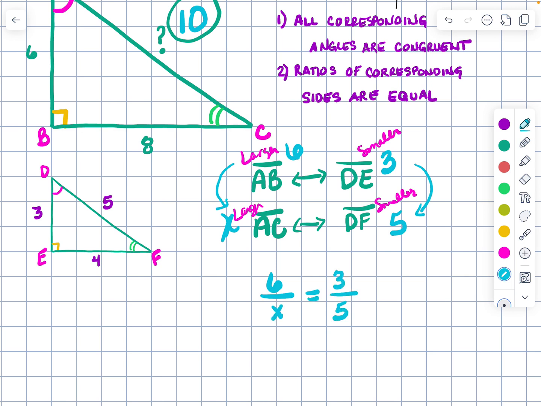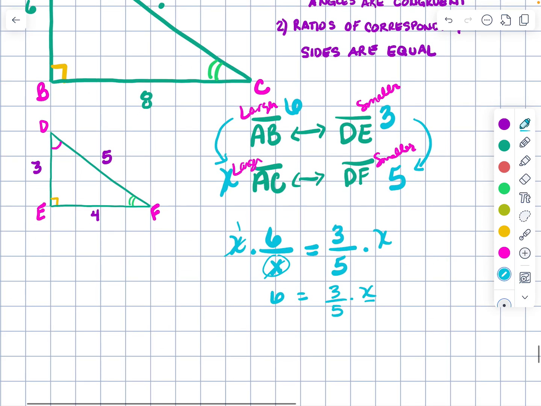Okay? To solve for x, I need to get this in the numerator. So I'm going to multiply both sides by x. And I get x goes into x one time. So I'm left with 6 is equal to 3 over 5 times x. Now I need x by itself. So I'm going to multiply both sides by 5 over 3. 5 goes into 5 one time. 3 goes into 3 one time.